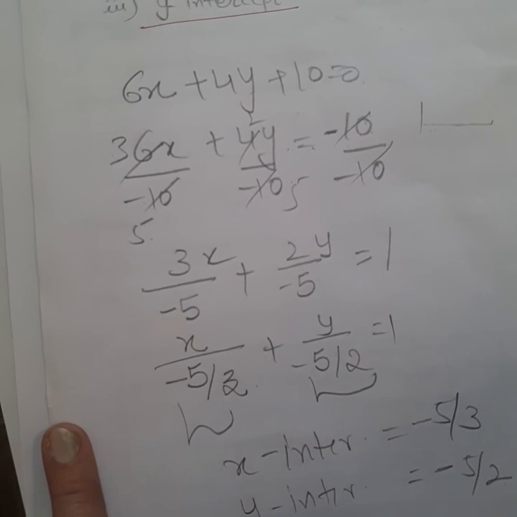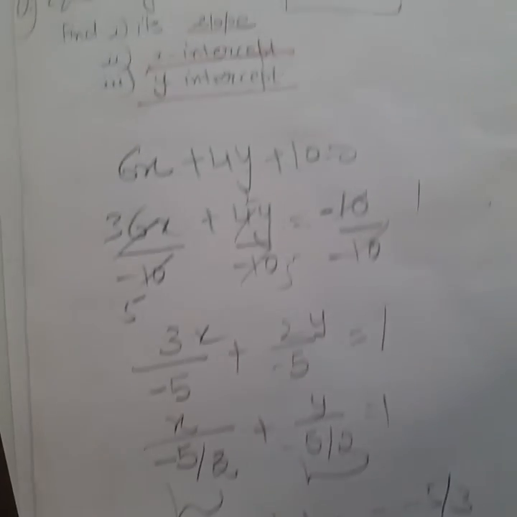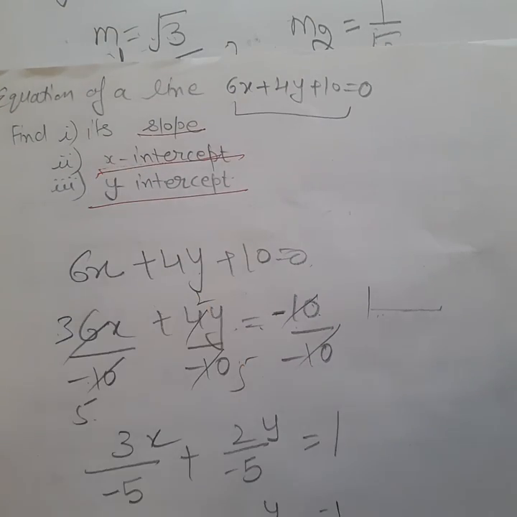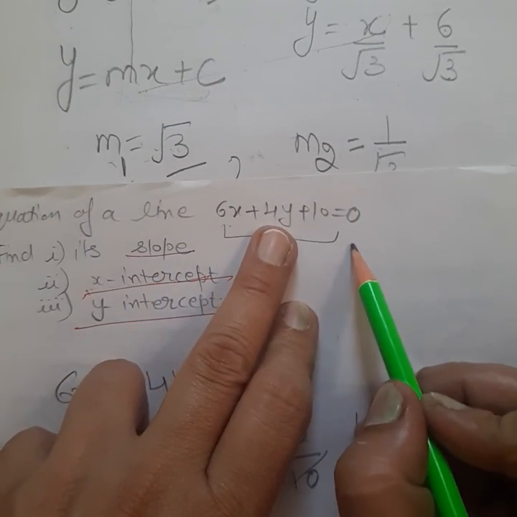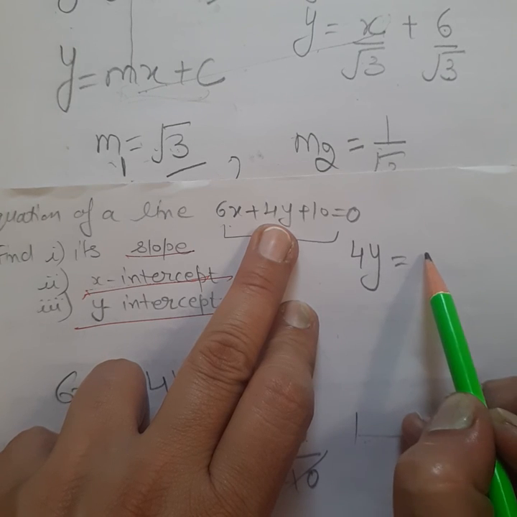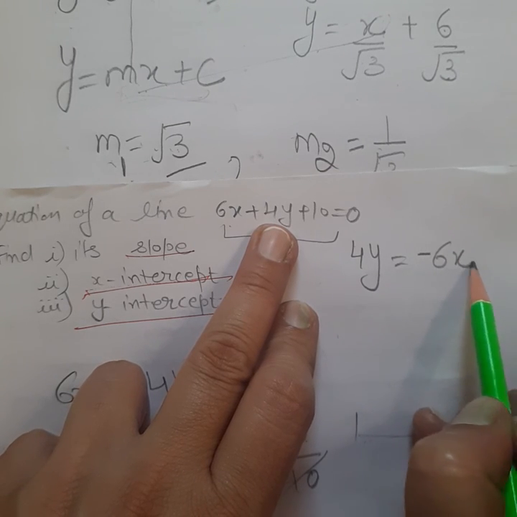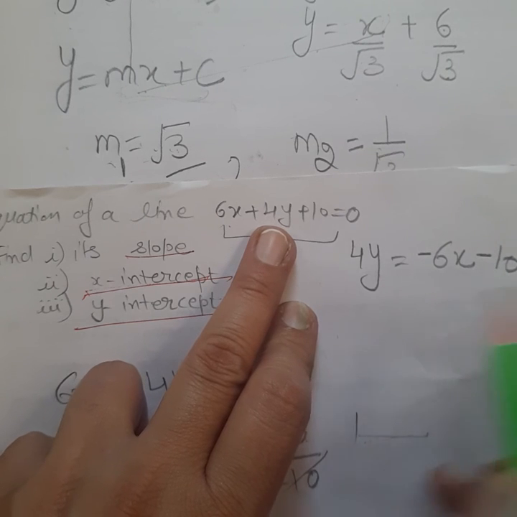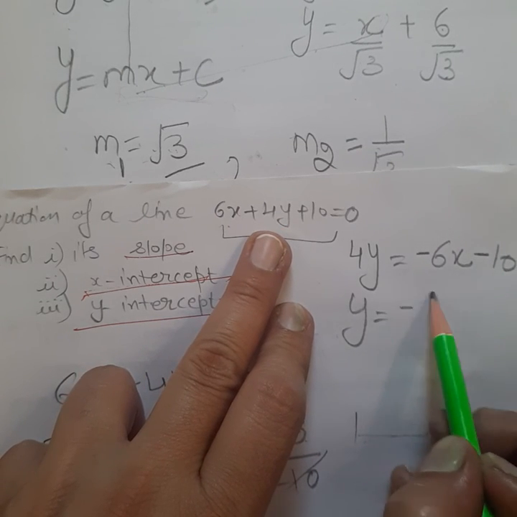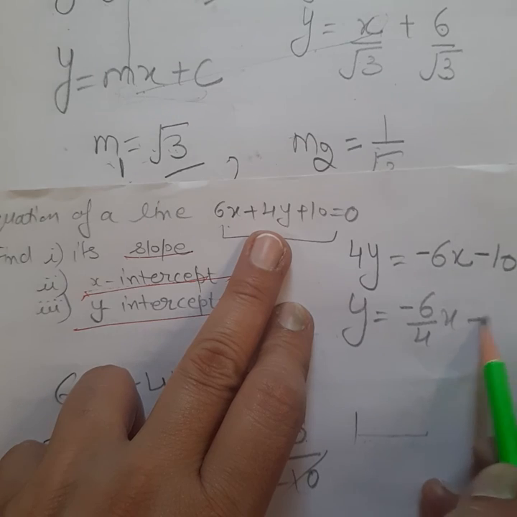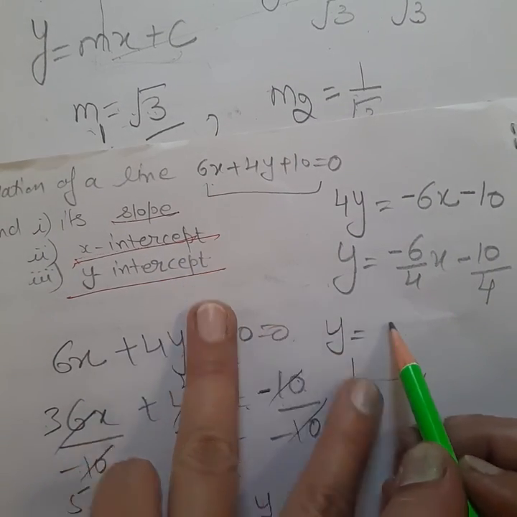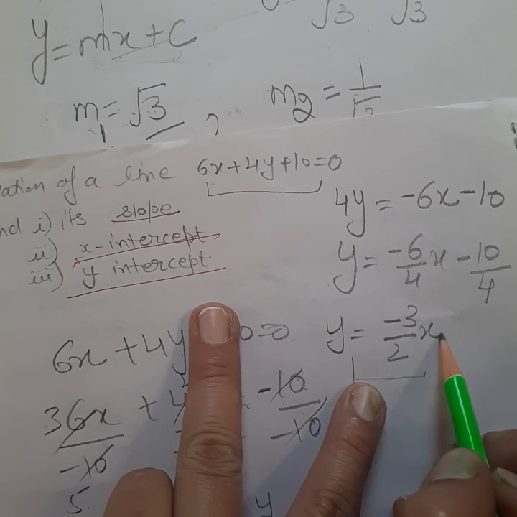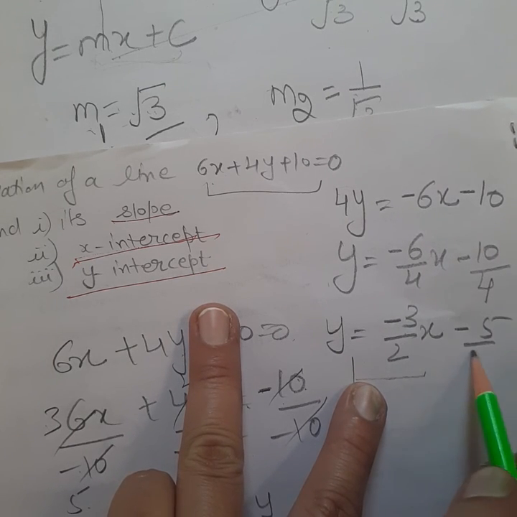But if we have to find the slope, then we have another formula also. If we find the value of y from this equation, you can take 10 on the right hand side and the x term also on the right hand side, and by dividing by 4 you get minus 10 by 4, and by cancelling it you get y equal to minus 3 by 2 x minus 5 by 2.